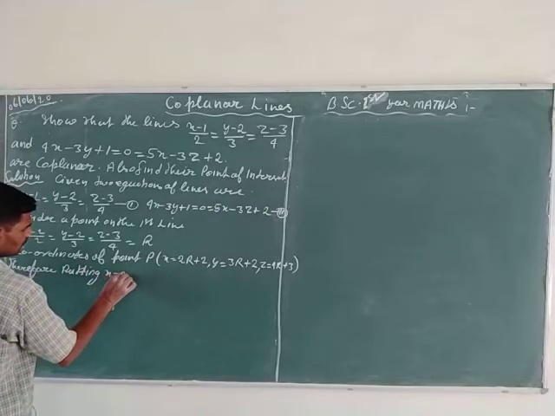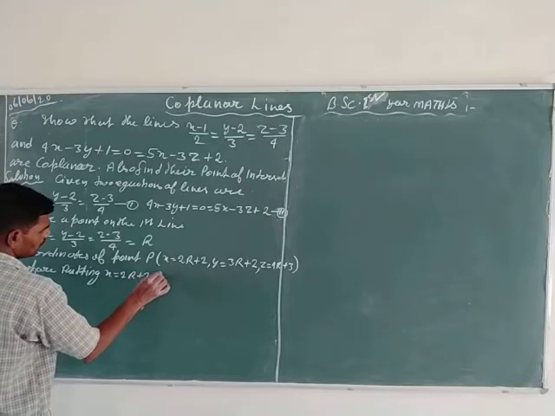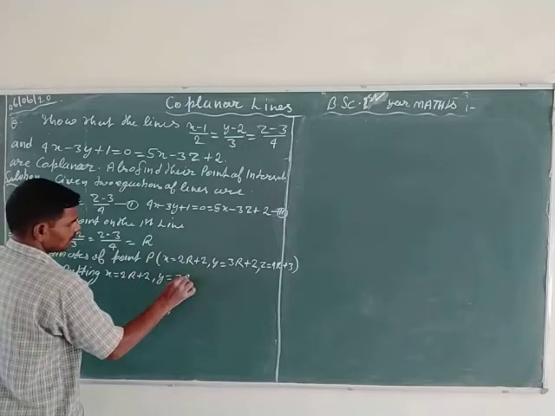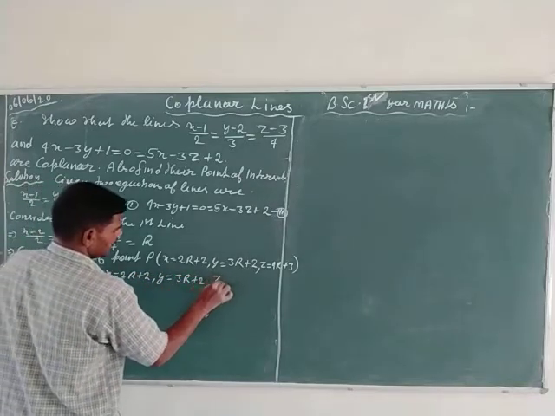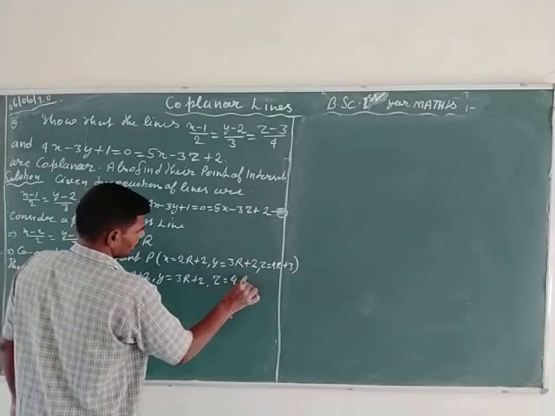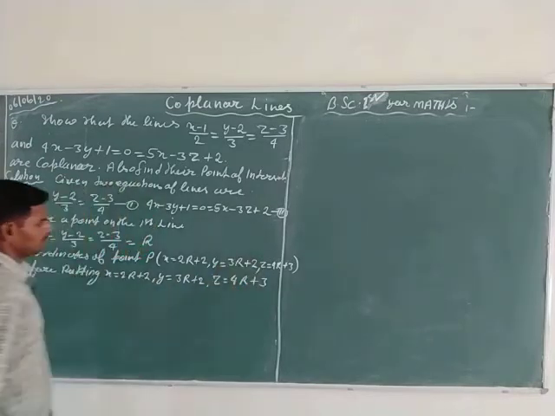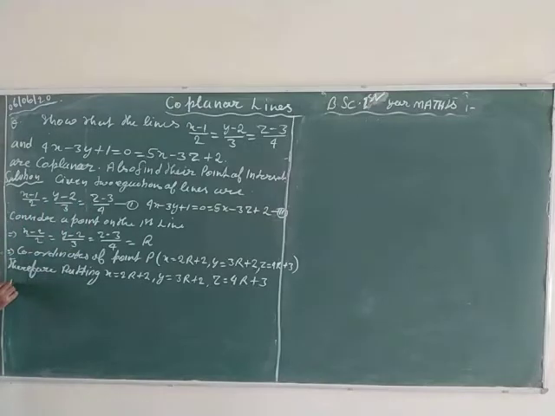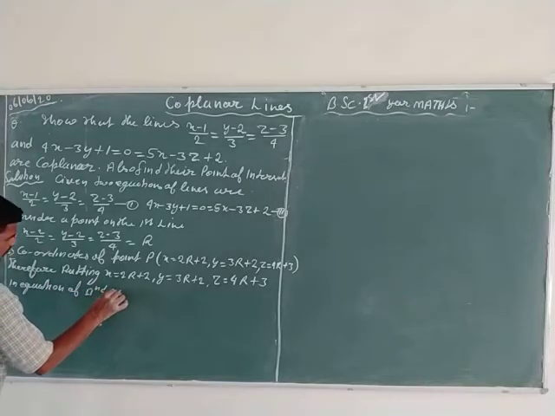Therefore, putting x equal to 2r plus 2, y equal to 3r plus 2, and z equal to 4r plus 3 in the equations of the second given straight line.